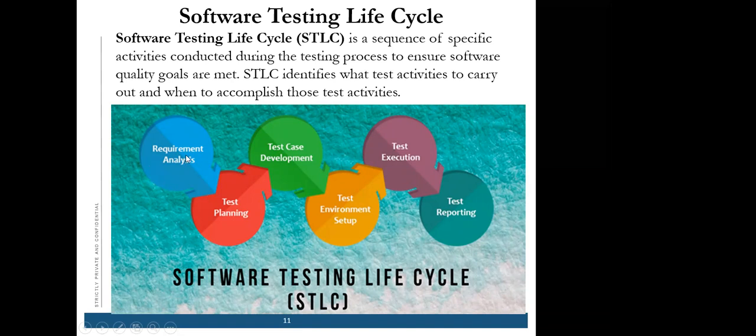So the first phase, again here also, is requirement analysis. This is the first phase of the software testing life cycle. In this phase, the QA team understands the requirements in terms of what we are testing and figures out the testable requirements.